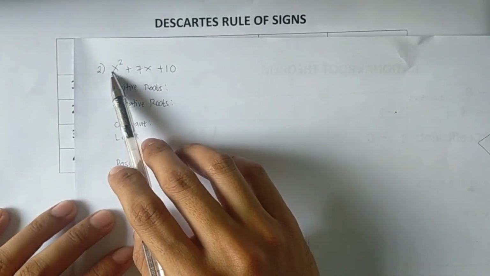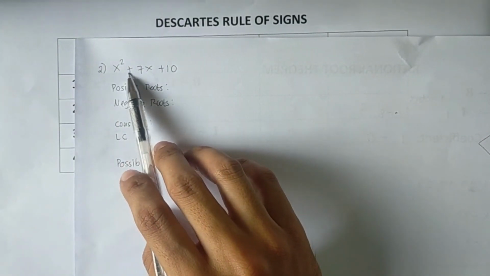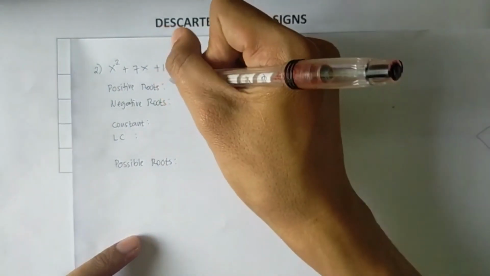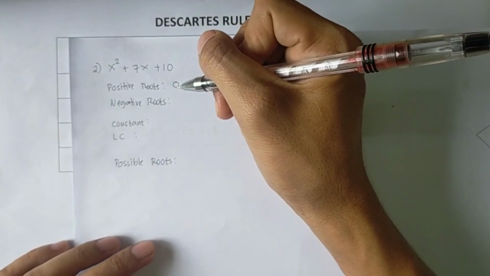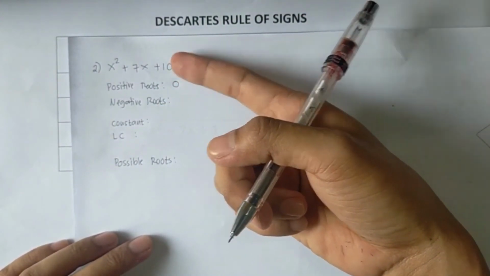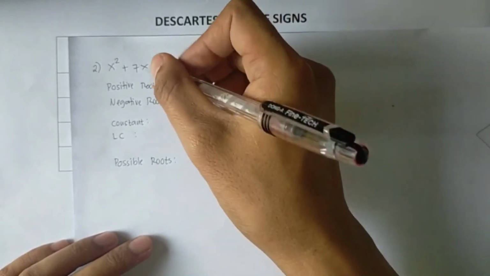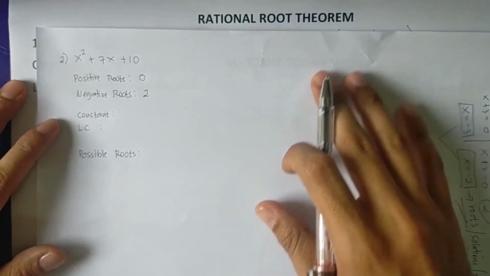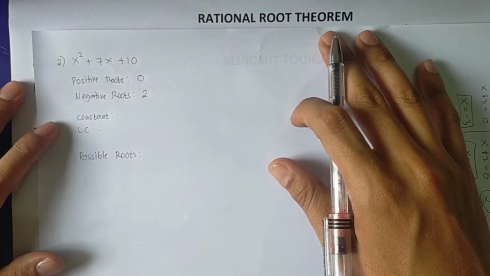Is there a change of sign here? From positive to positive, there's no change. From positive to positive, there's no change. Therefore, we expect that there is no positive root in this given polynomial. And how many are negative roots? We have 2. Let's try to solve it using the rational root theorem.